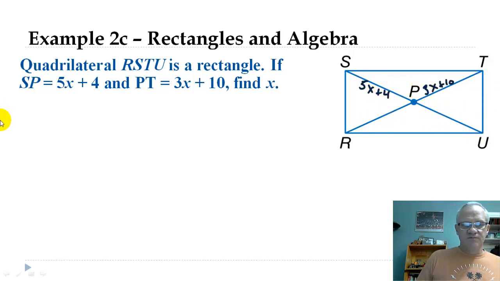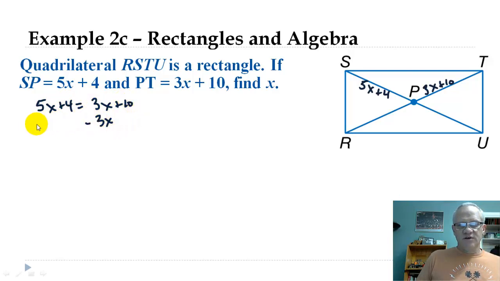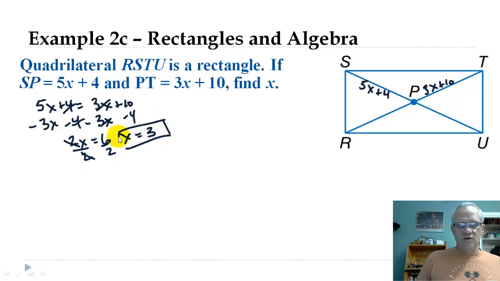So in this case, 5x plus 4 has to equal 3x plus 10. Minus 3x, minus 4. 2x equals 6, and divide by 2, so x equals 3.